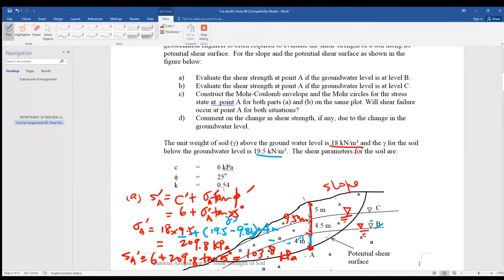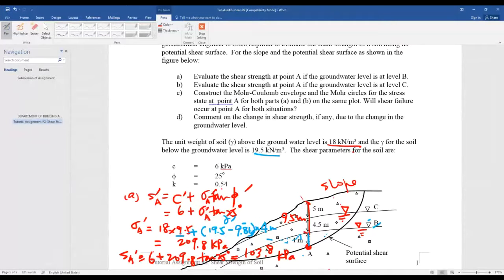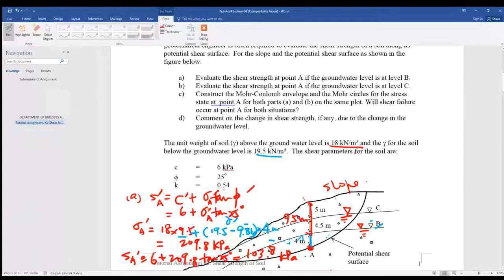Now let's take a look at part C. Construct the Mohr circle envelope and the Mohr circle for the stress at point A for parts A and B on the same plot. Will shear failure occur at point A for both situations?